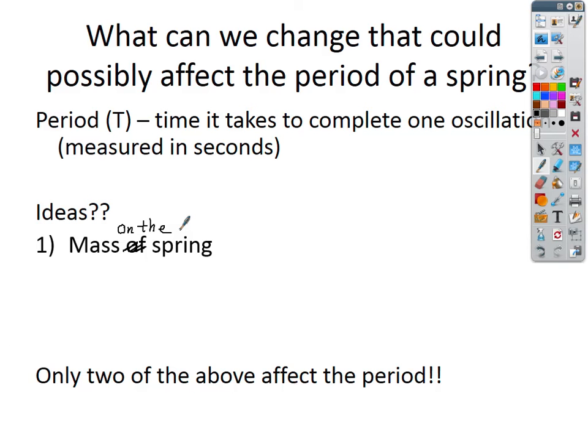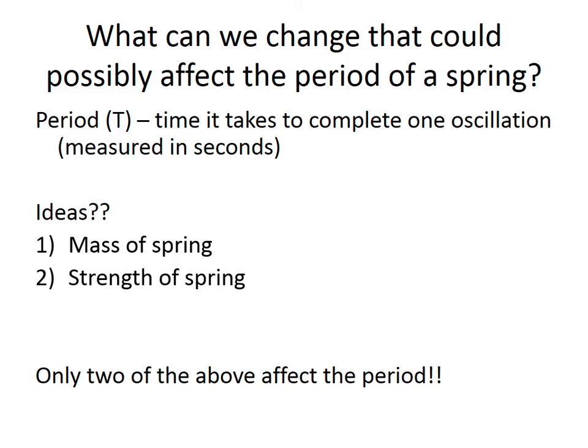Could that change the period? We'll figure that out in a second. That's the object at the end, not the actual mass of the spring. We're going to basically say the spring is massless. So that's one example.